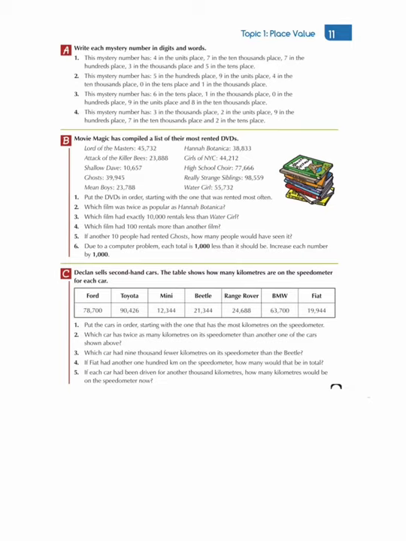And again, boys and girls, through a simple process of just understanding the value of the numbers and elimination, you can get that answer relatively quickly. Okay, if another 10 people had rented Ghosts, how many people would have seen it? Okay, and this, boys and girls, the reason that they're doing that is it's basically crossing up.